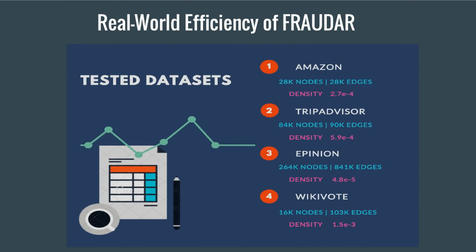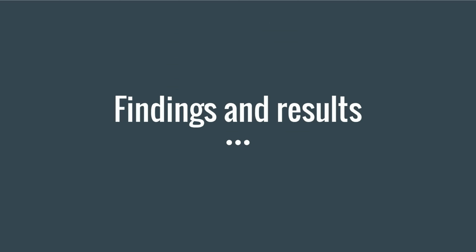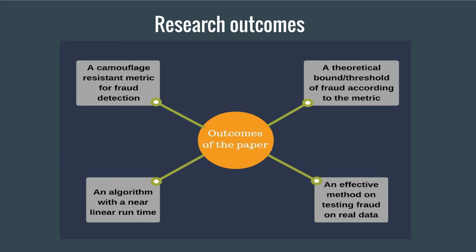FRAUDAR outperforms its competitors in a number of large datasets, including Amazon, TripAdvisor, Epinions, and Wikivote. We now move on to the results of these experiments. The four main outcomes of the research are as shown: camouflage resistance, effectiveness, and theoretical upper bound.